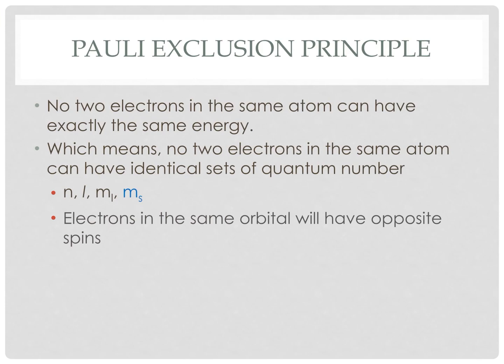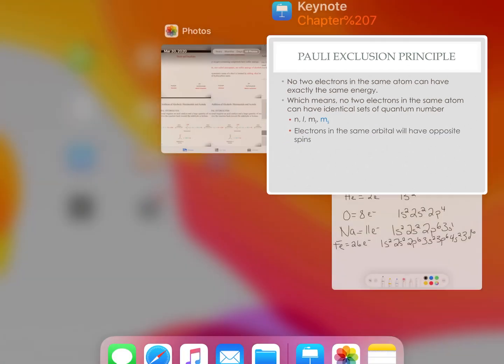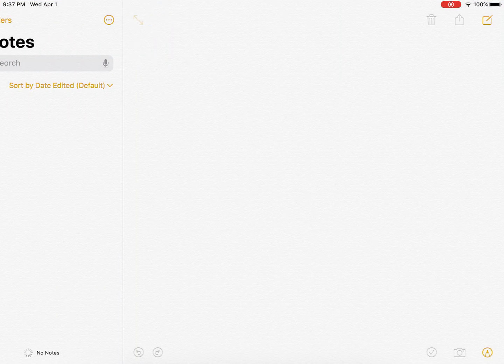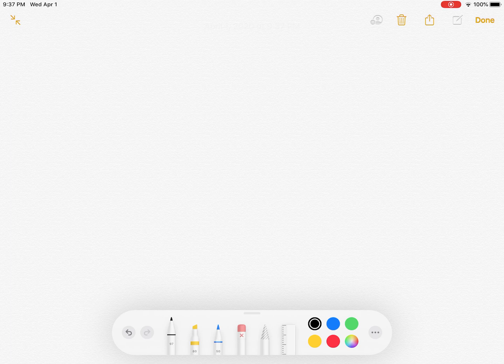So we're going to add all these together and look at n again, which is the shell, l the subshell, ml is the orientation, and then ms is the spin. So just to give an example, beryllium has 4 electrons.